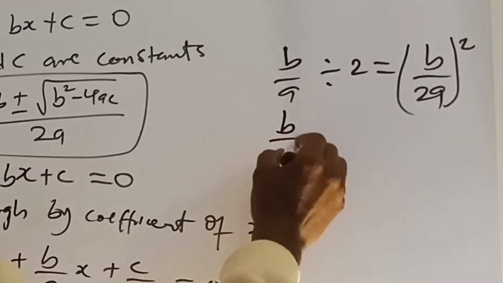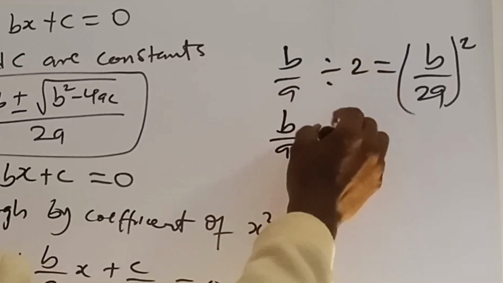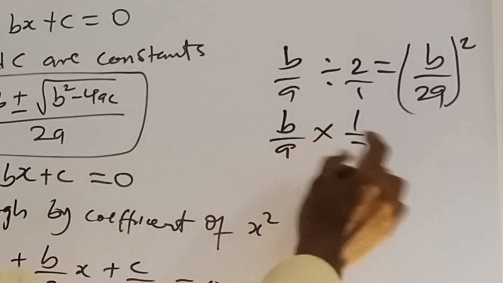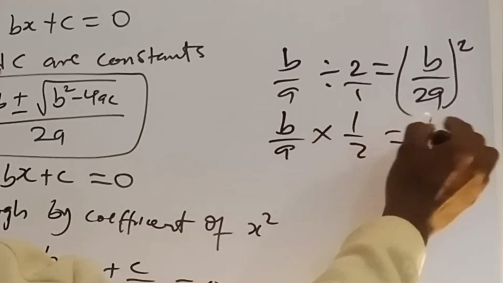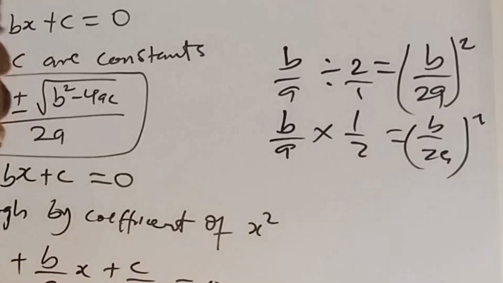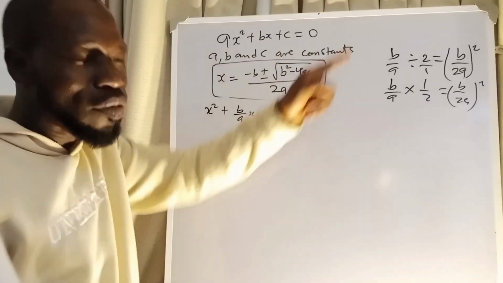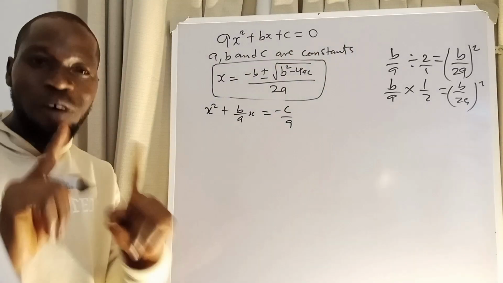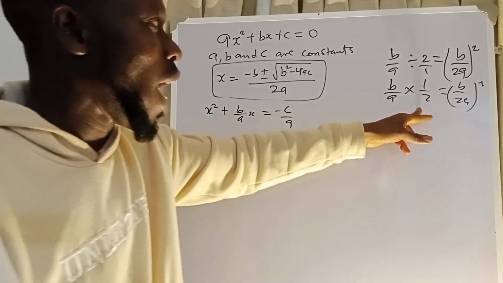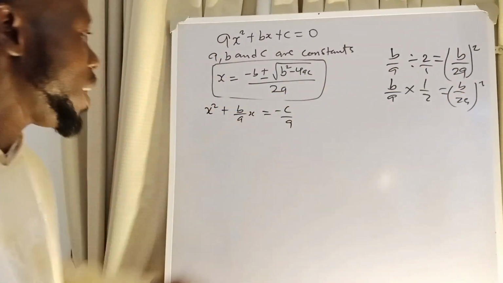So when you say b over a, divide by 2 is times this 2 over 1. Divide by 2 over 1 is times 1 over 2. So when you say b times 1, b, 2 times a, 2a. And I say what? Square it. So you square it. Square of half of the coefficient of x, which means you get the coefficient of x, find the half, and square it, and add it to both sides.